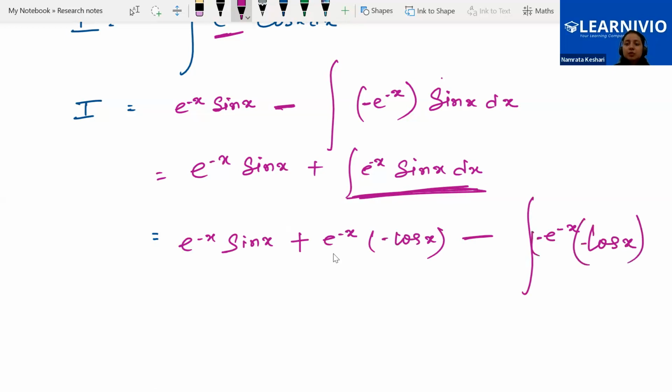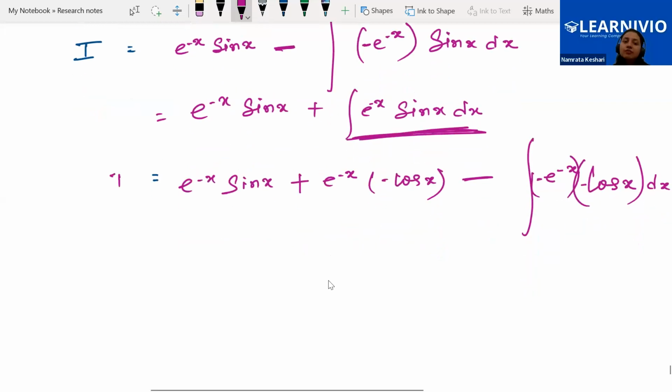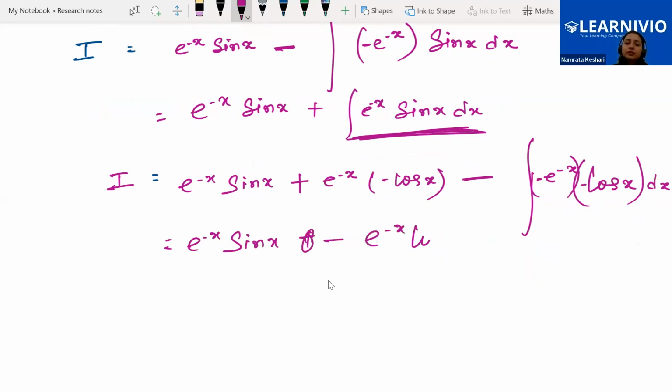Both minus signs will neutralize each other. I can see it, right? Yes, ma'am. Still we have I, so e to the power minus x sin x minus e to the power minus x cos x. The minus minus sign in the bracket neutralizes each other, so we have just I later, right? And it became 2I is equal to this.